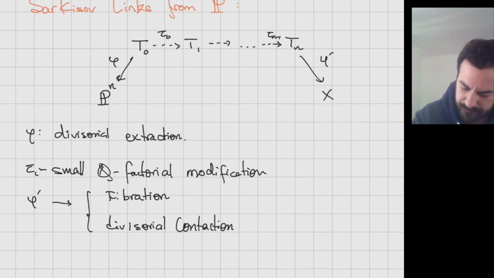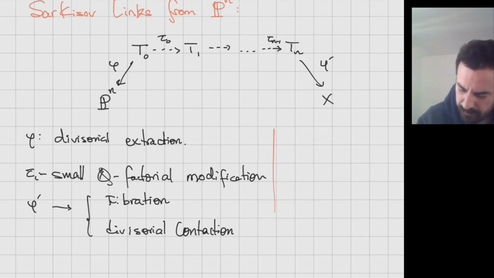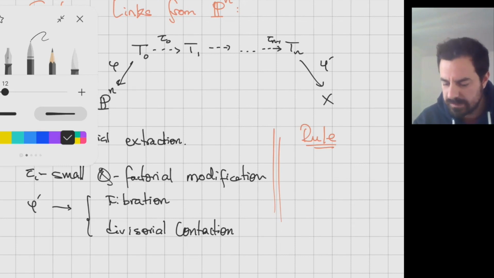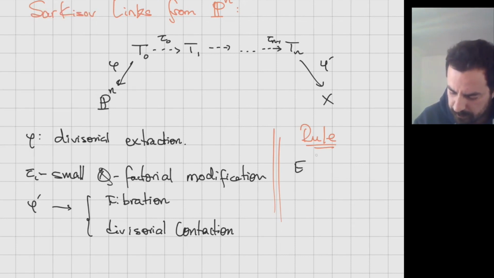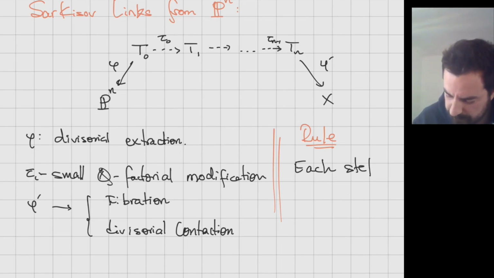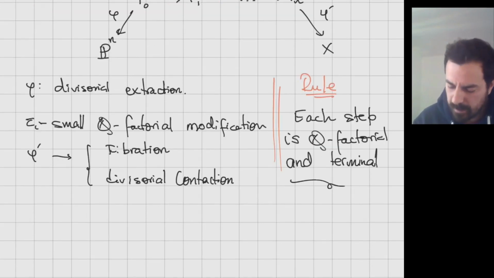But there's a rule here, and this is really the point: each step is Q-factorial and terminal. We need to ensure that all these maps give varieties that are Q-factorial and terminal, which means that they are in the Mori category.